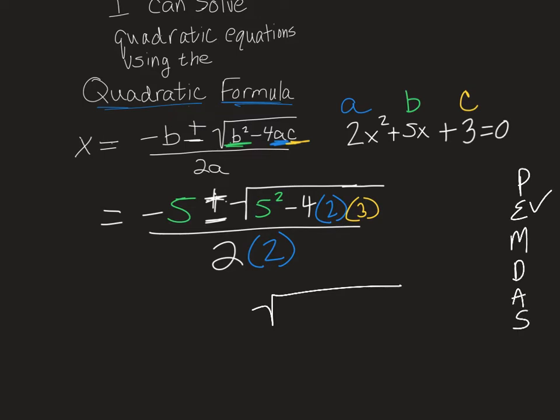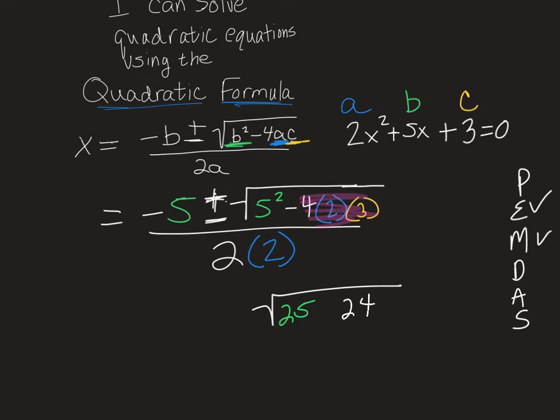So you know the exponent comes before you multiply. That means the very first thing we're going to do is that 5 squared. Obviously, 5 times 5 is 25. And then we're going to deal with that multiplication. So we're going to do 4 times 2 times 3, which is going to be 24.